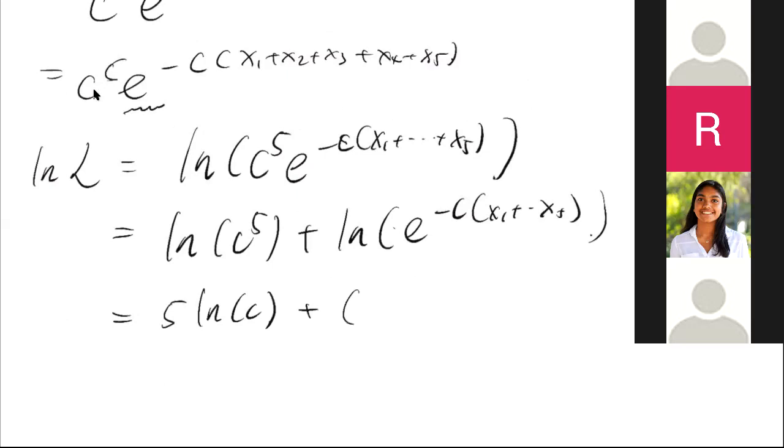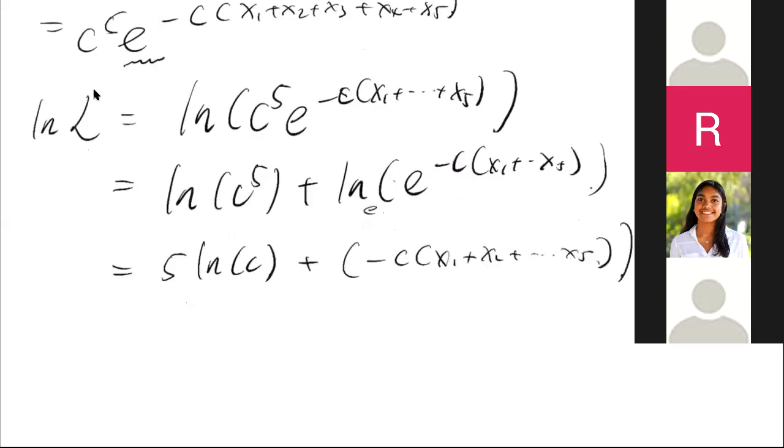And then we need to take the derivative of this log, which is 5 times 1 over c plus the negative of x1 plus x2 plus x3 plus x4 plus x5.